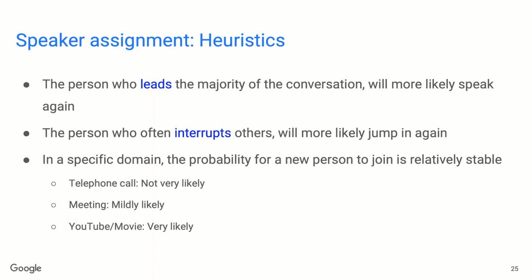And we also believe a new speaker would appear with a stable probability given a domain. For example, during a phone call, it's very unlikely a third person will jump in. For a meeting, well, it's mildly likely. But for a movie or a TV show, it's very common that a new character will join the scene and start speaking.